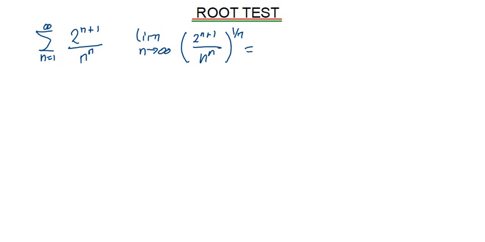So this we can also write as the limit as n approaches infinity. We'll try to distribute the 1 over n on the numerator as well as on the denominator. If you distribute that, that's going to be 2 to the power n plus 1 divided by n. Then this one's just going to be n, because you have your n here multiplied by 1 over n, that would be n.